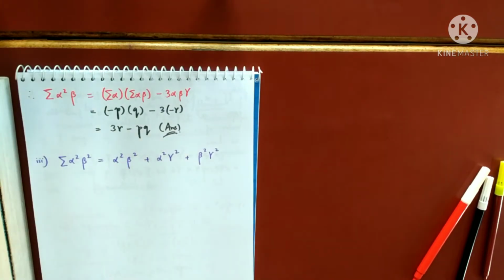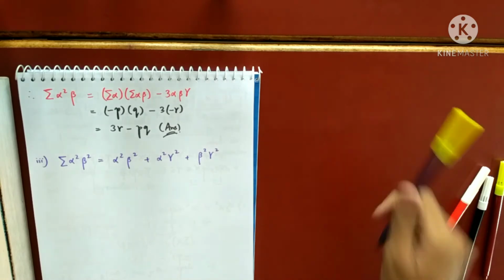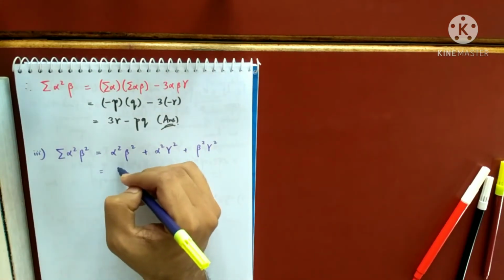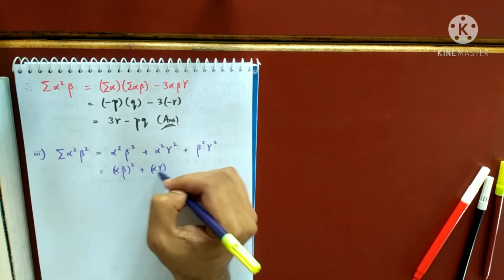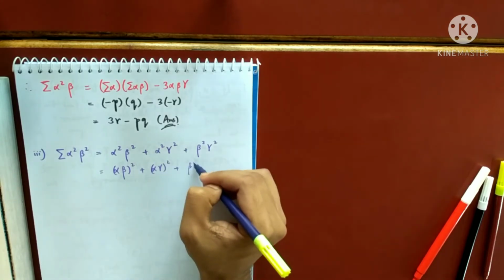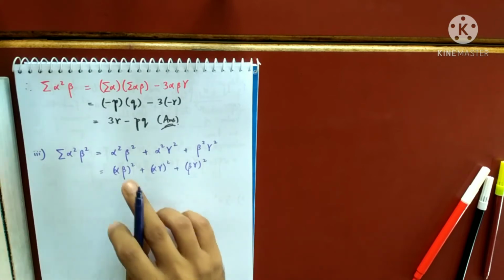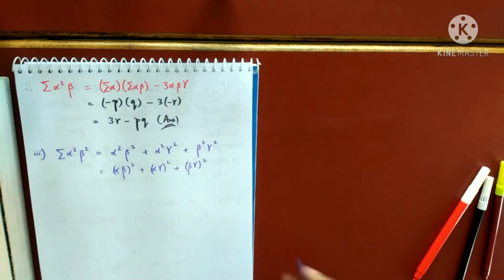So only these 3 terms will be there. Now similarly, this is alpha beta whole square, this is alpha gamma whole square, this is beta gamma whole square. So this is again something like a square plus b square plus c square.